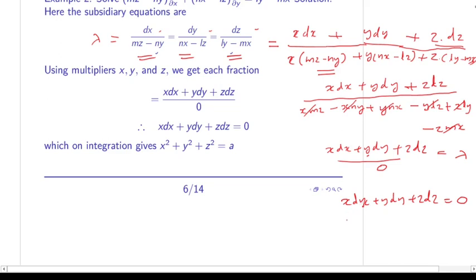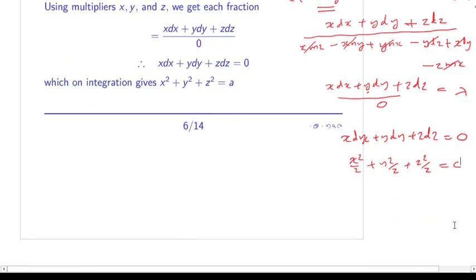So what you get is x square by 2 plus y square by 2 plus z square by 2 equal to c, or you can say x square plus y square plus z square equal to 2c. Since all are constant, you can name 2c as a. So now you got one step. You can now go to next step to find the solution.